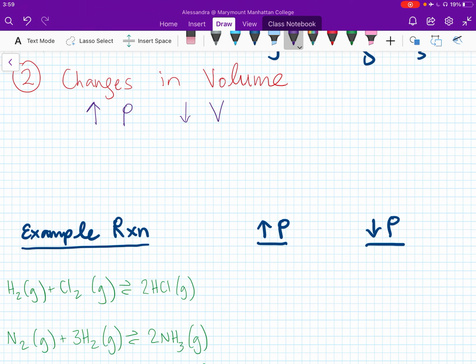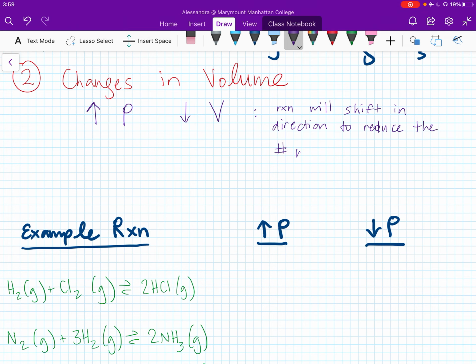So there's an inverse relationship between pressure and volume. As we increase pressure and decrease volume, the reaction will shift in the direction that reduces the overall number of moles of gas.